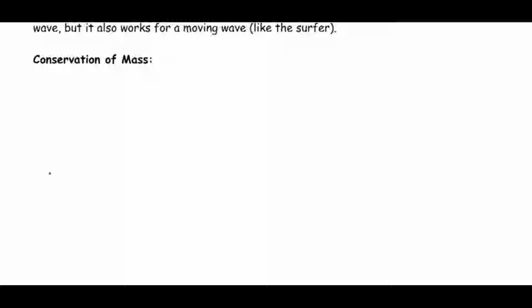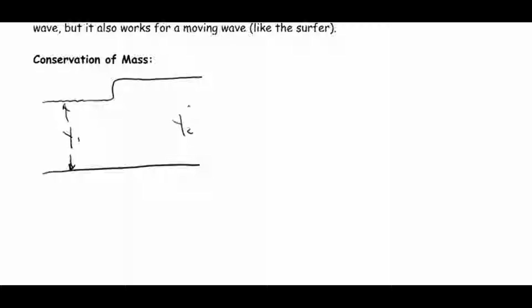The problem that we have here is we've got incoming water level, and then we've got our wave. Here at 1 we have a depth, call it y1, and here at 2 we have a different depth. After the wave it's deeper, call that y2.